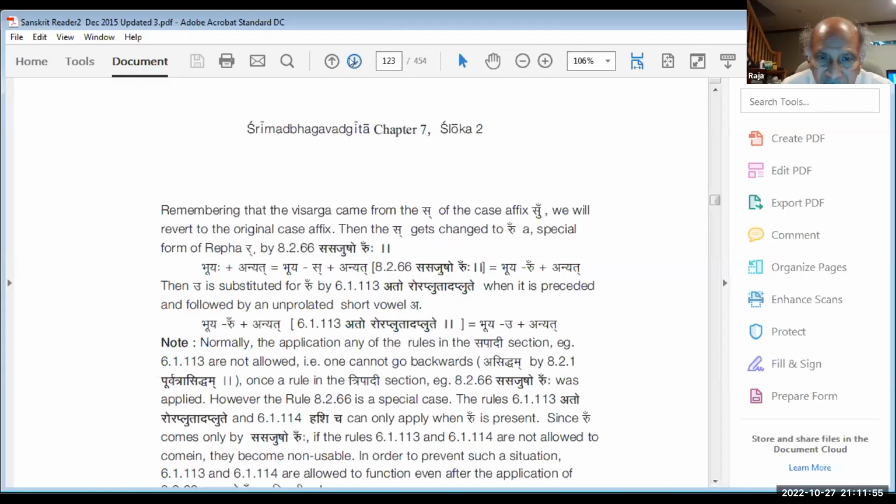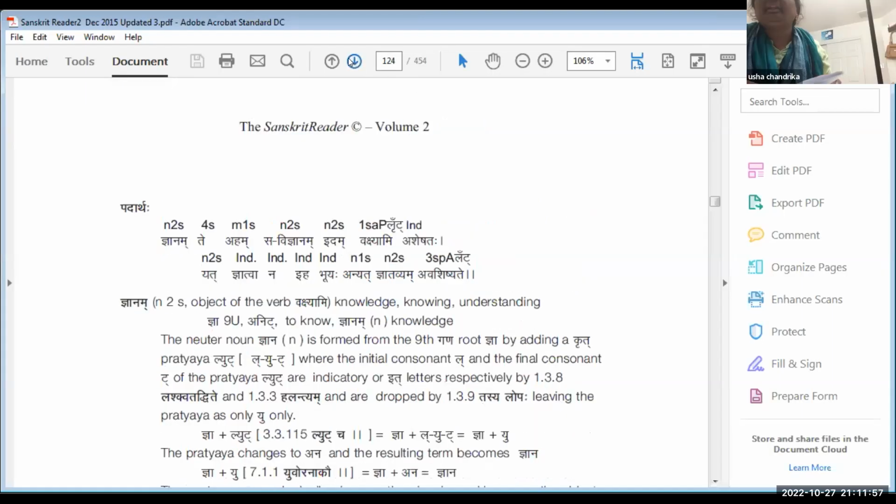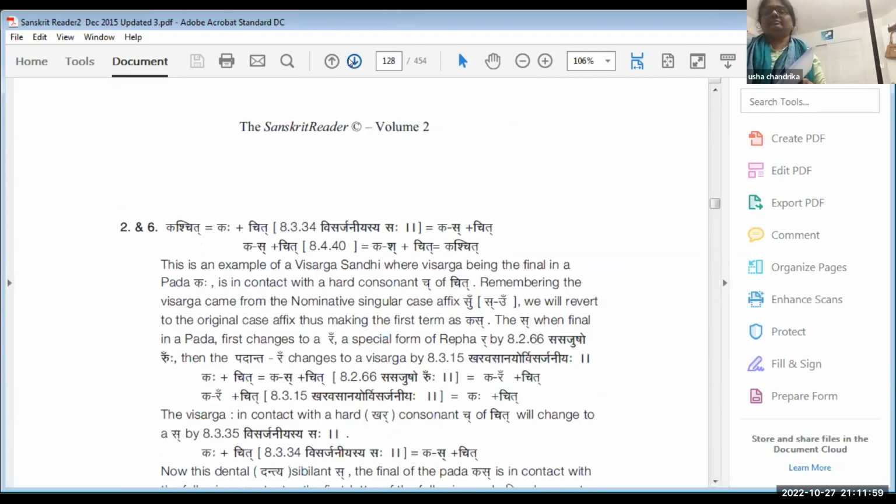Or we can also take that first chapter sloka, maybe that is directly relevant. Okay, let me take it, I am sharing this with you. What sloka is it, 7th chapter? 11, sir. So it is sloka 11.